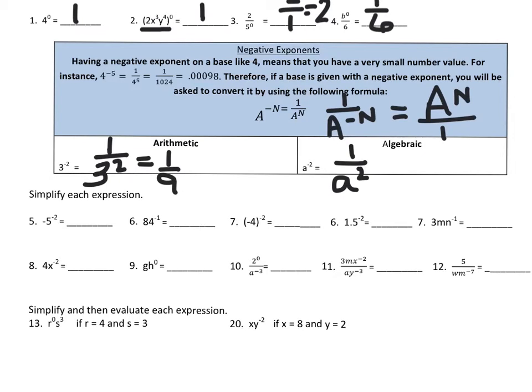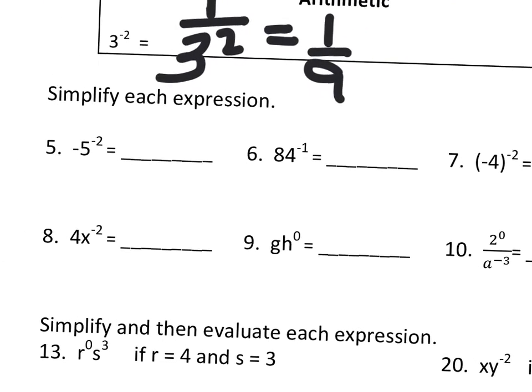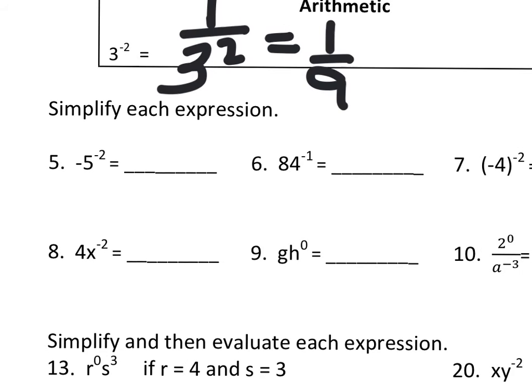So let's look at several examples of how we can simplify based on the rules that we just talked about. One of the important things to pay attention to is whether or not there are parentheses. If there are no parentheses, the exponent goes just with the value that you're looking at. So for example, this negative 5 to the negative 2 is really negative 1 times 5 to the negative 2.